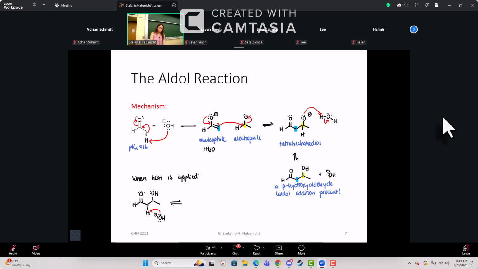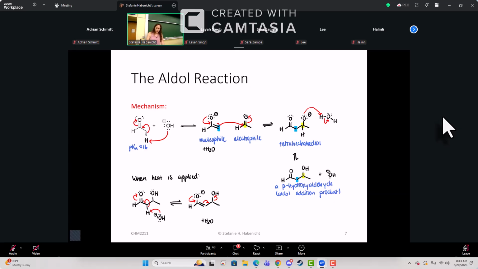But again, we do have this moderately acidic alpha hydrogen, so that can certainly be abstracted and will be abstracted to form yet another enolate anion. We abstract an alpha hydrogen and form another enolate anion and water. And it is this enolate anion intermediate that subsequently expels hydroxide like so.